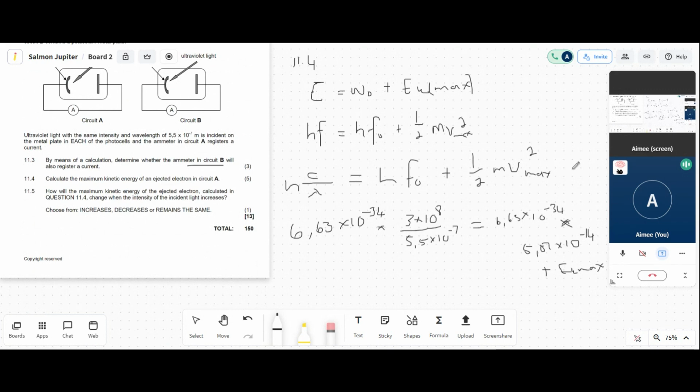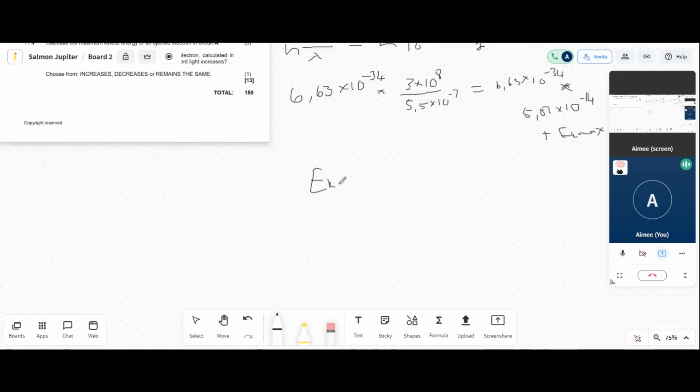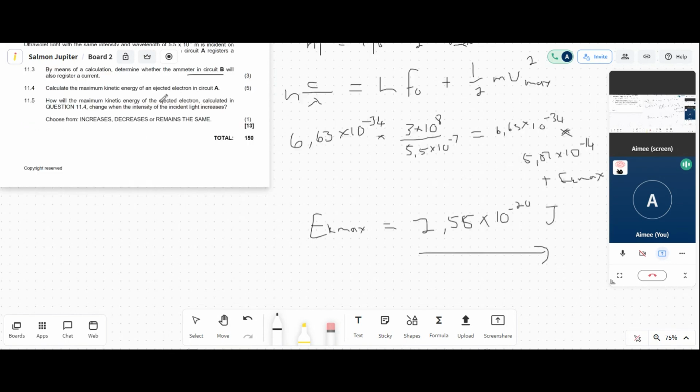So you substitute all of that into your formula, and you should eventually come out with a final EK max. Once you've substituted all of this away and you've written it more nicely and neatly than I have, you get an EK max of 2.55 times 10 to the negative 20 joules. And that's the maximum kinetic energy with which these electrons are emitted from the surface of the metal plate.